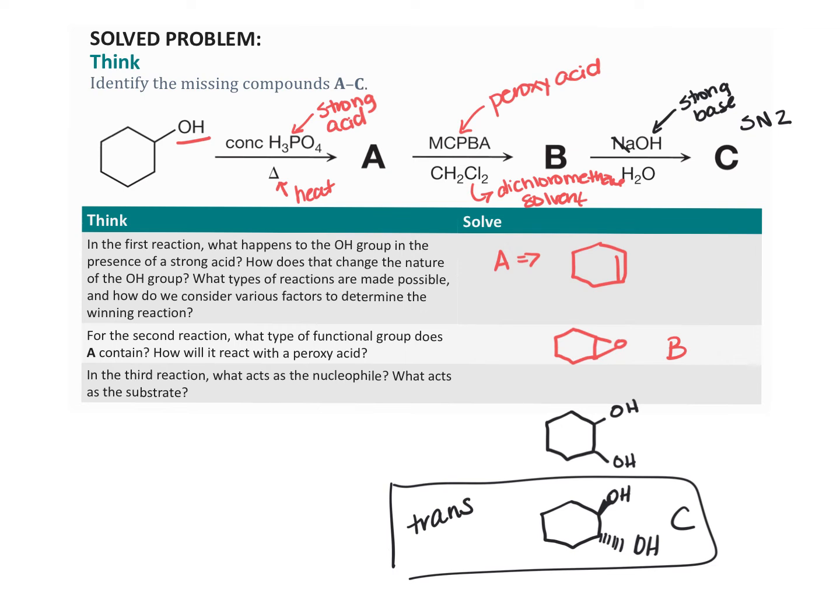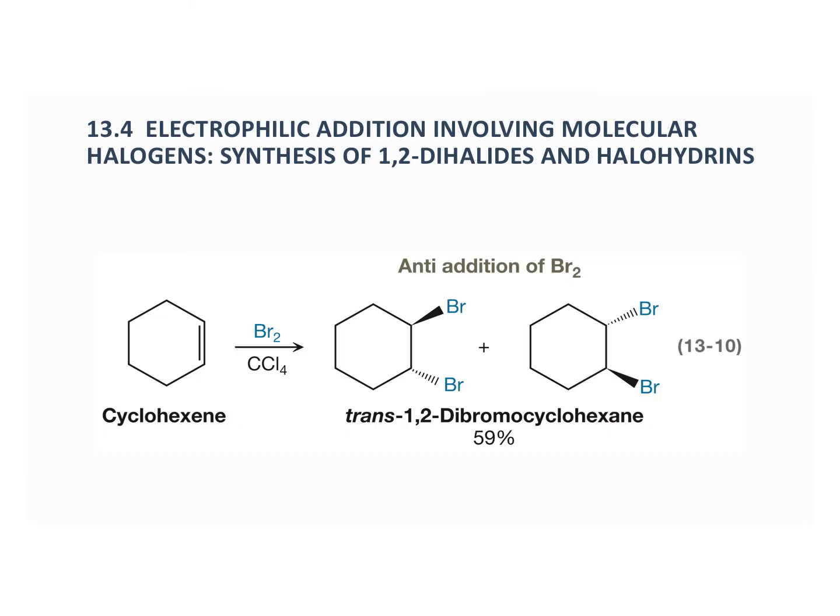Now, like carbenes and peroxyacids, molecular halogens like Cl2 and Br2 can react with an alkene to produce a three-membered ring. However, something that's different is that the three-membered ring produced from a molecular halogen is so unstable that it goes ahead and reacts further, okay?